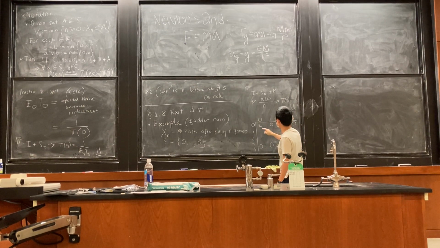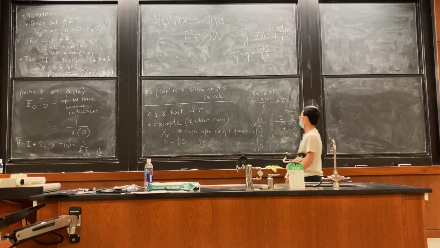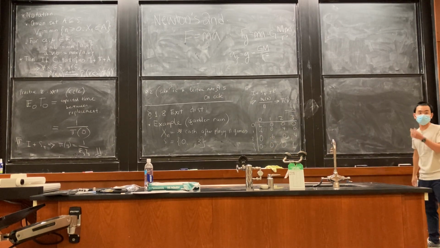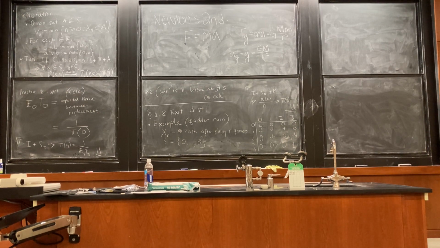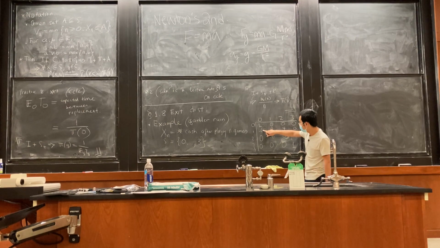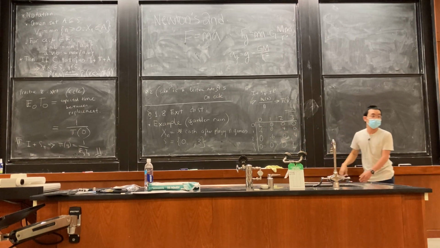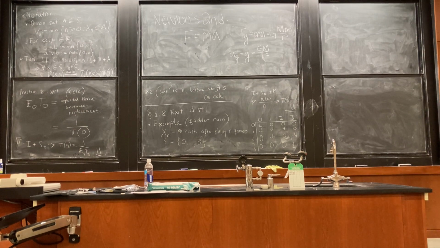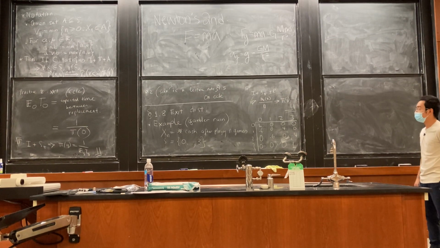And 0.6, 0.4. That means that I will lose $1 with this probability, and I will win $1 with this probability. I believe that is the first example that I discussed at the beginning of the course.